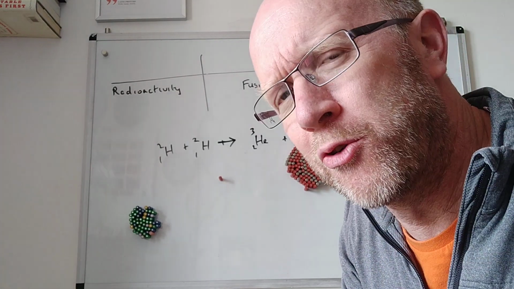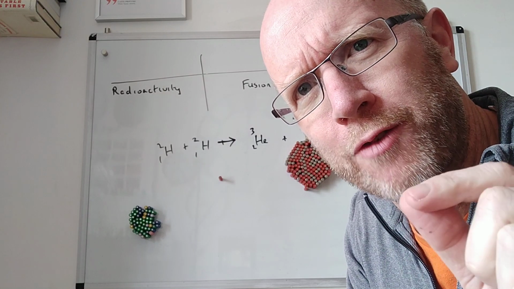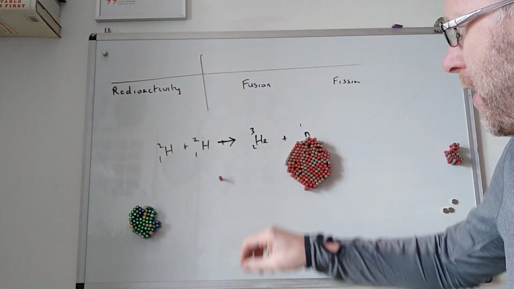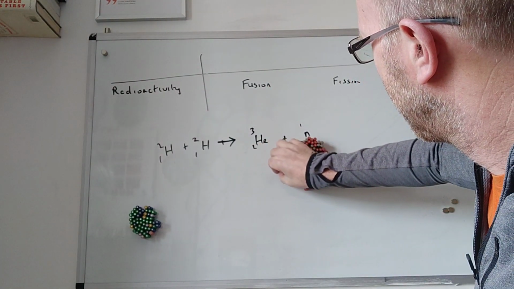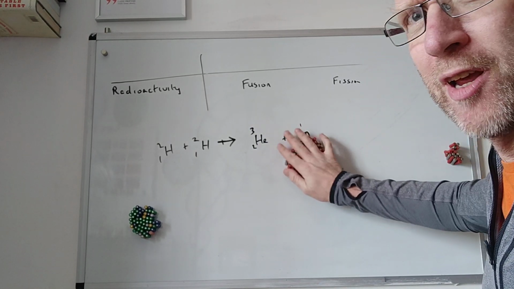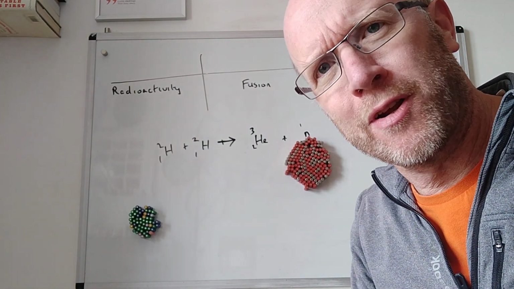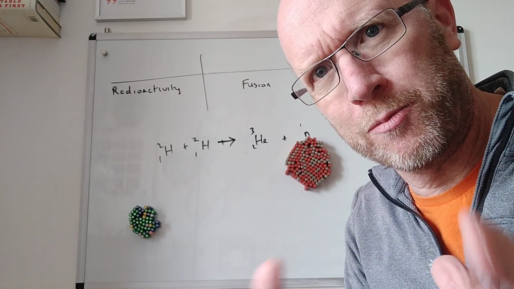You need slow neutrons, and we'll see that when we do the fission reactor tomorrow. You don't need fast neutrons. A slow neutron joins this nucleus, which was unstable already, but now it's become more unstable, a bit like Jenga. This is the straw that breaks the camel's back.